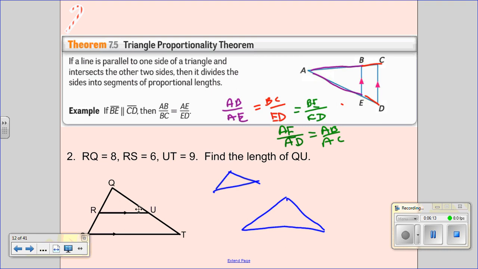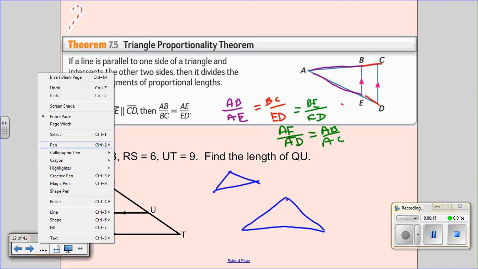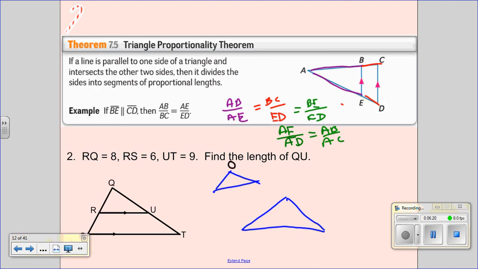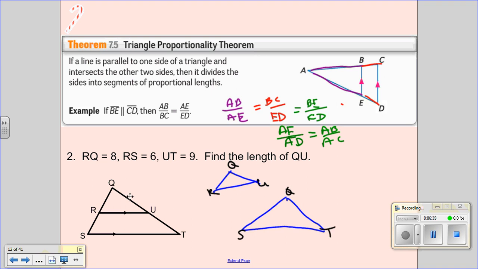So you have Q, R, U, and you also have Q, S, T. Again, sometimes it's so much going on the picture that it's hard to determine that. So it's okay to separate it.